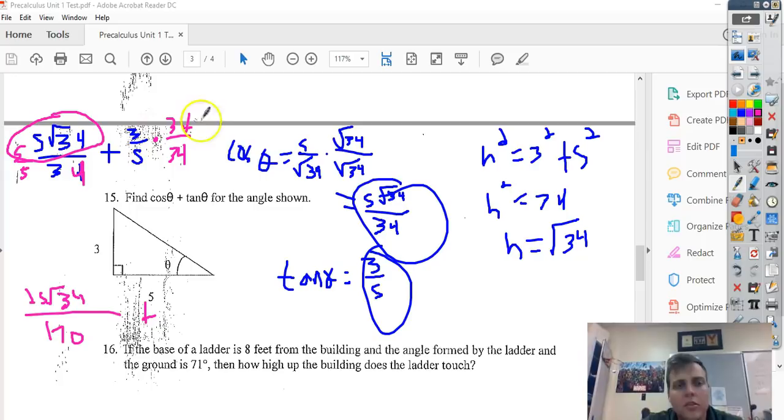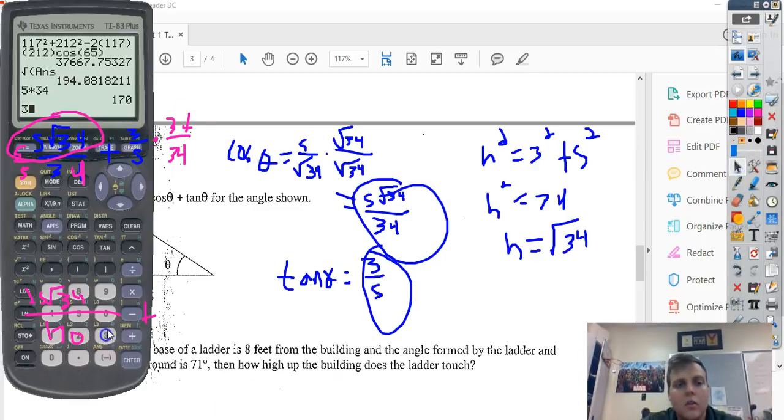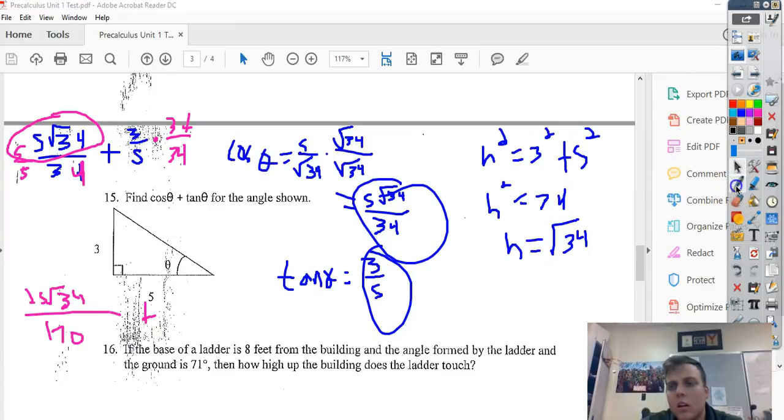Plus 3 times 34, which is 102. And 5 times 34, I just checked, is 170. Now that they have a common denominator, I can add them together.